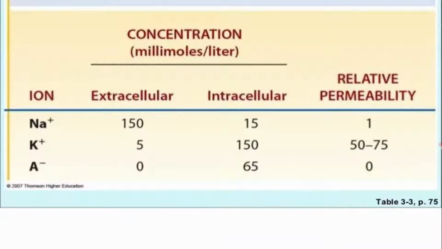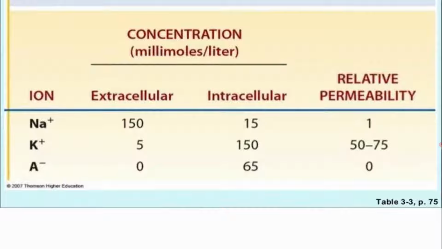is 150 millimole per liter. Intracellular, it is 15. Potassium extracellular is only 5. Intracellular, it is 150. Inside the cell, there is the presence of protein. These are negatively charged, and these proteins are not permeable to the cell membrane. The membrane is semi-permeable, so these are not permeable.